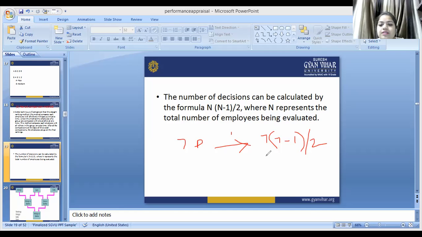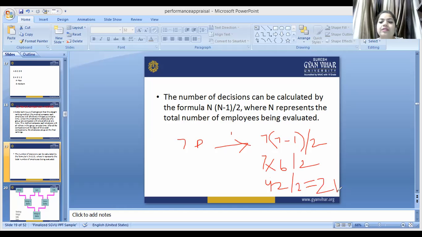So 7 multiplied by 6, divided by 2. So we get 42 divided by 2, which equals 21. Okay, got it?